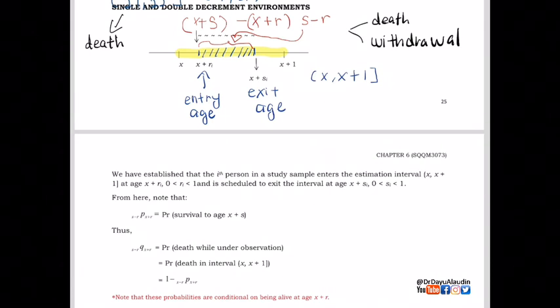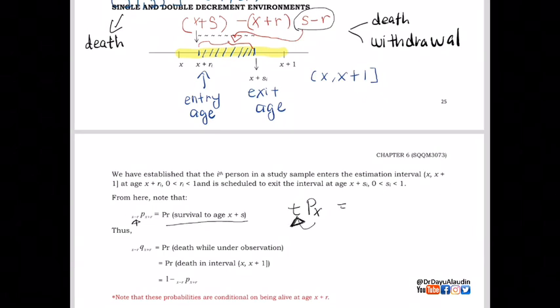Okay, now look at the probability of survive to age x plus s. Since this is the period s minus r, before this we are really familiar with tpx, which is the probability of survive until x plus t. So the time is t.